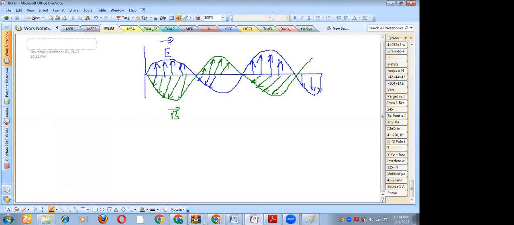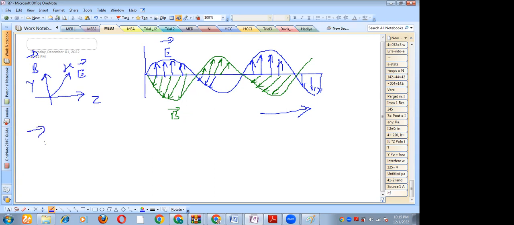Both are perpendicular to each other, and the wave is propagating, suppose, in this direction. Suppose electric field is in x direction and magnetic field in y direction. So the wave will move along z direction.